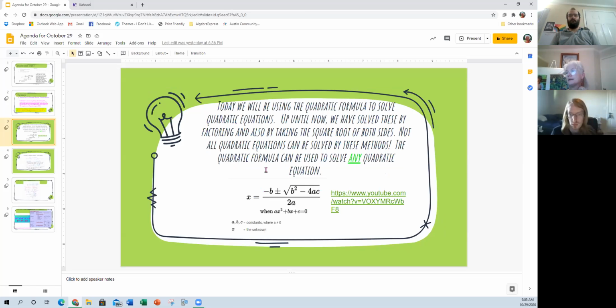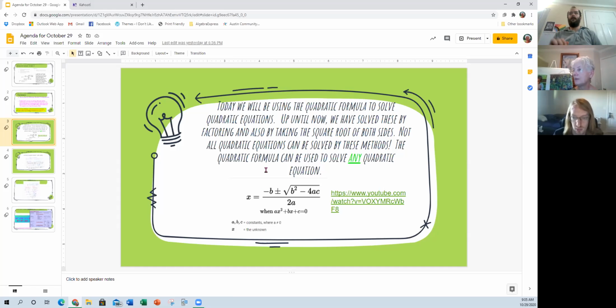The thing about all of these methods is that they can't be used all the time, because sometimes you need a perfectly exact answer, and not all quadratics are factorable at all. Completing the square will give you an exact answer. But basically what the quadratic formula does is take all the steps that you would do in completing the square and put it into one formula.